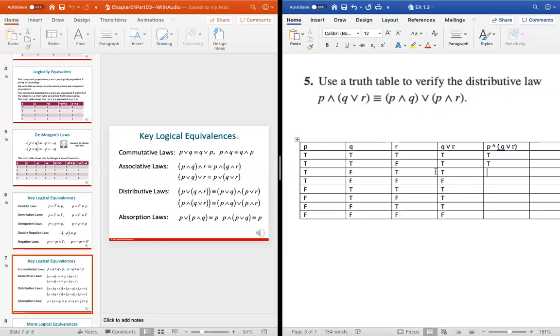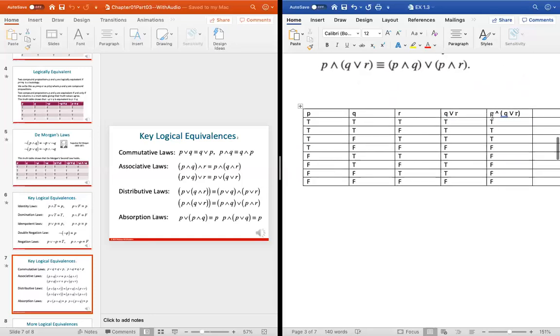We have true over here and false over here, so it's going to be false. False and true is false. False and true is false. False and true is false. And false and false is false. So the left-hand side is the result of this. The truth values are here.